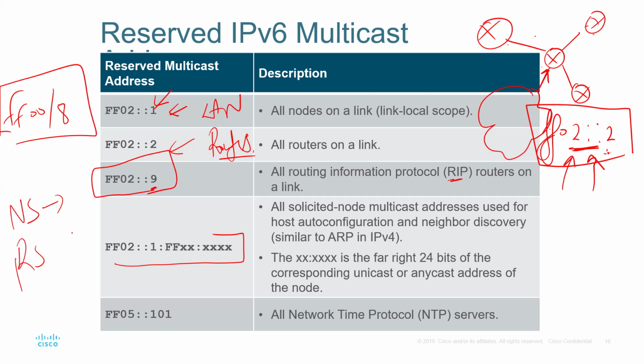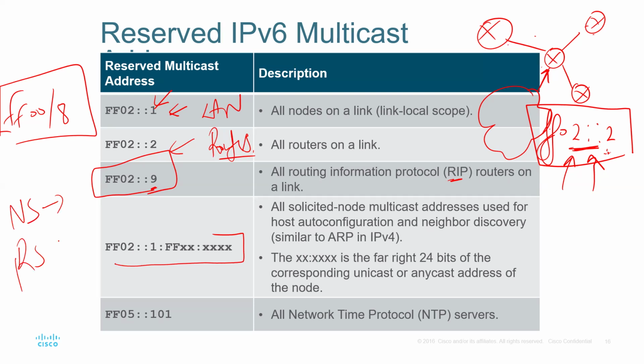Neighbor solicitation, if you remember very well, a device was asking who has this IP address. Then you need a response. NA, neighbor advertisement. That response is destined to what devices?